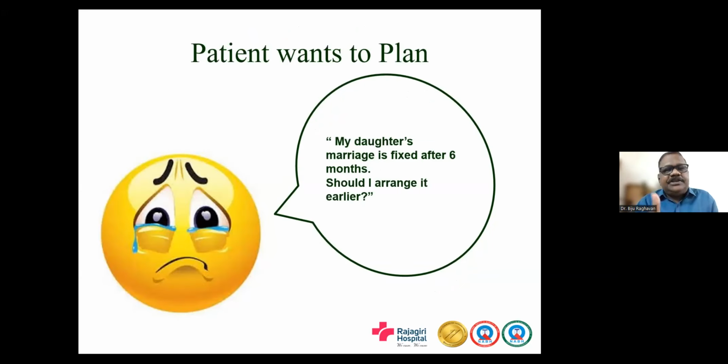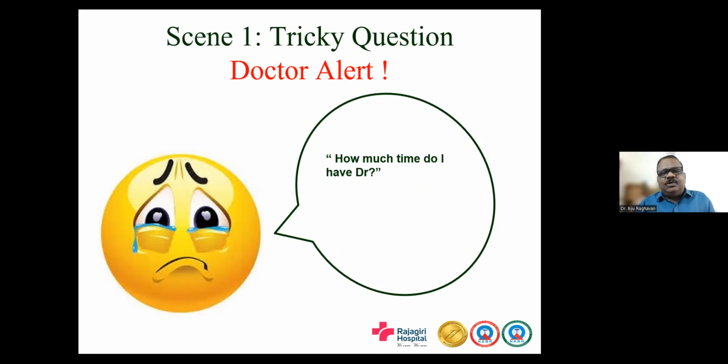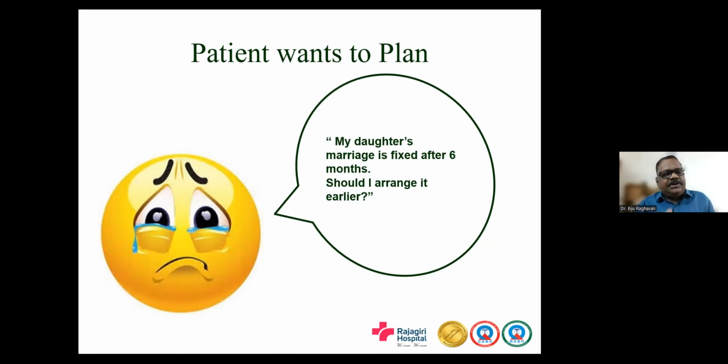And then the patient will say what the patient meant by whatever the patient said. My daughter's marriage is fixed after 6 months. Should I prepone it? So here is a patient who asked, how much time do I have, doctor? Because the patient wanted to plan something.